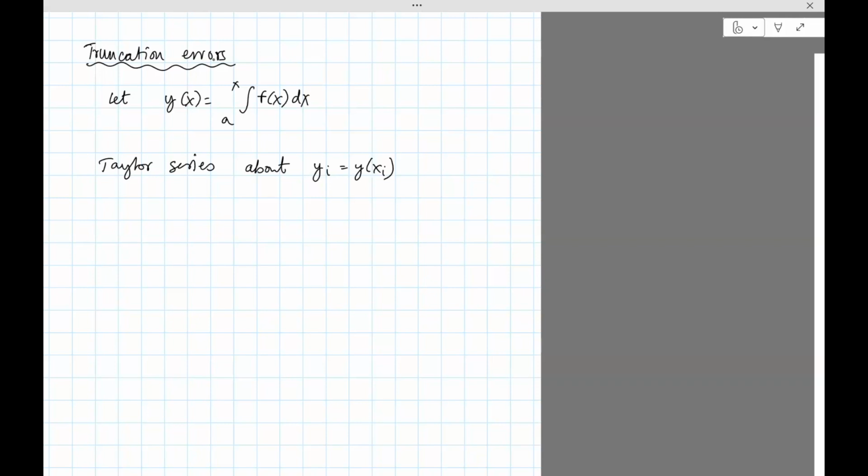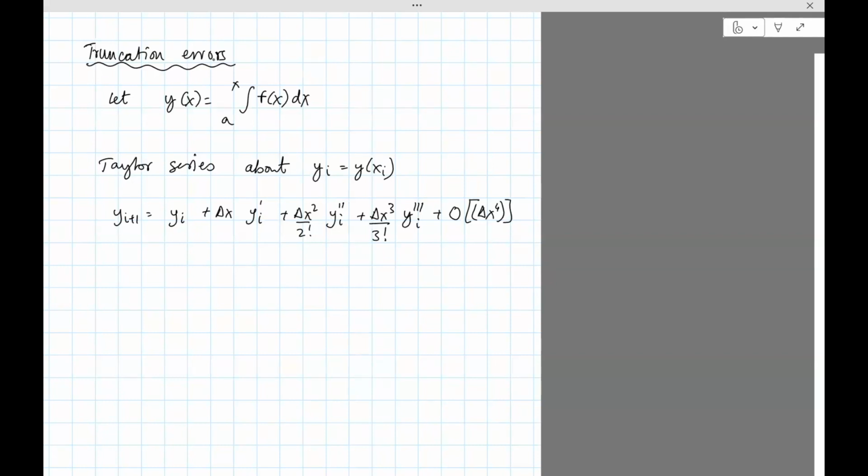yi, which is y of x i. yi plus 1 is yi plus delta x y prime, plus delta x square divided by 2 factorial yi double prime, plus delta x cube divided by 3 factorial y triple prime i, plus O, which indicates the order of the next term.